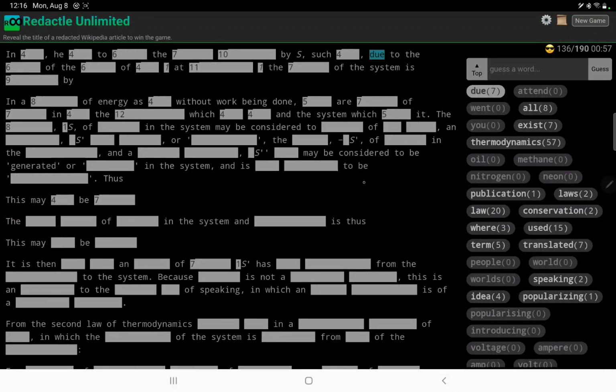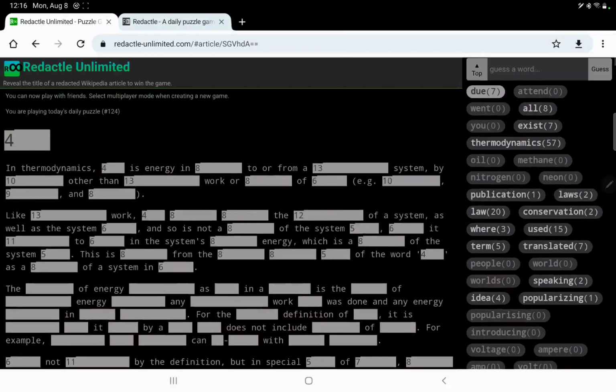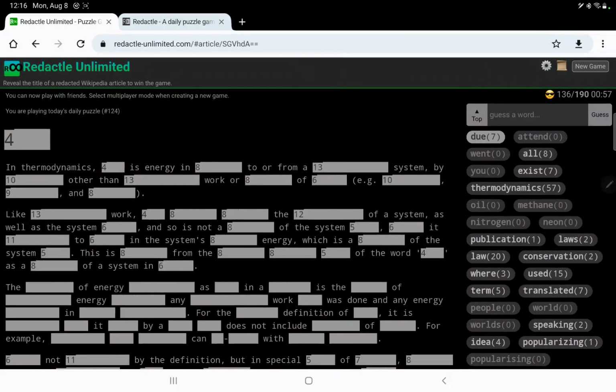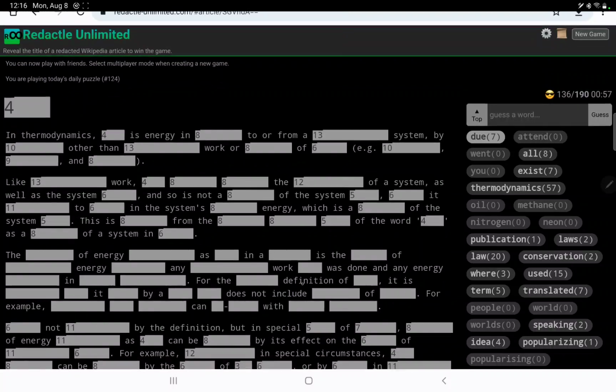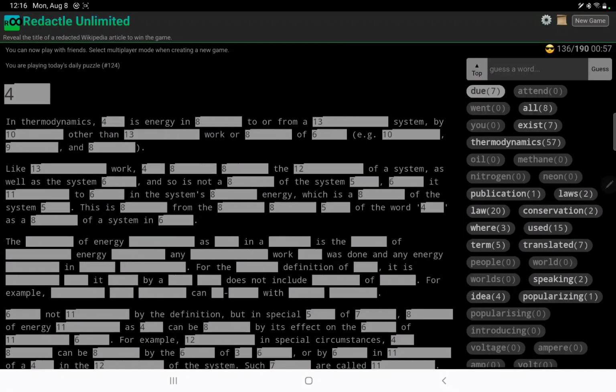All right, we're coming up close to an hour, so I think I'm going to admit defeat on this one. In thermodynamics, oh, sir, I didn't notice we had added that at the very beginning. Something is energy in transit or in motion in something to or from a something system by something other than something work are 8 of 6, e.g. 10, 9, and 8.